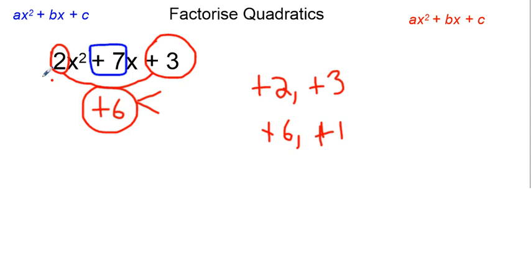So let's go. Now we're going to rewrite this expression using our chosen numbers. Watch. So you have 2x squared, and instead of this 7x, I'm going to write plus 6x and plus 1x.